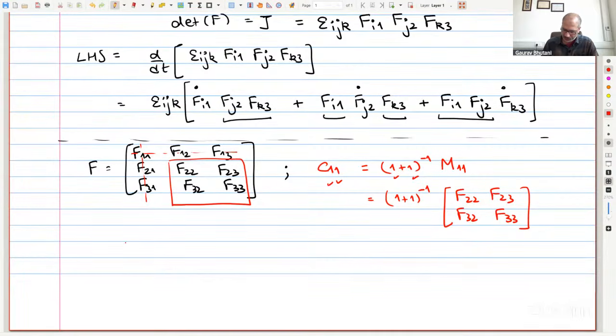So I can write in general the i, jth cofactor as minus 1 to the power i plus j times the minor ij, right? So that's my cofactor in this case, the cofactor matrix.